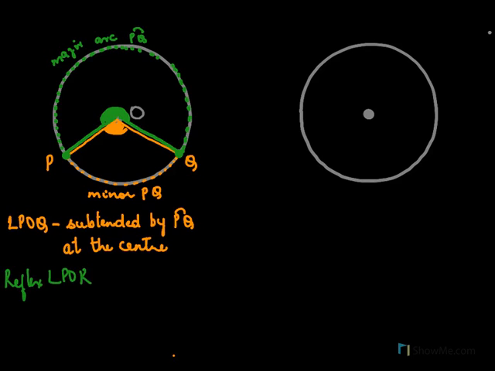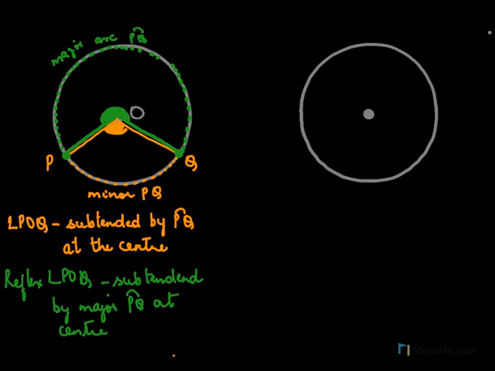So reflex POQ is the angle subtended by major arc PQ at the center. So here we have learnt how to spot out the angle subtended by arc at the center.